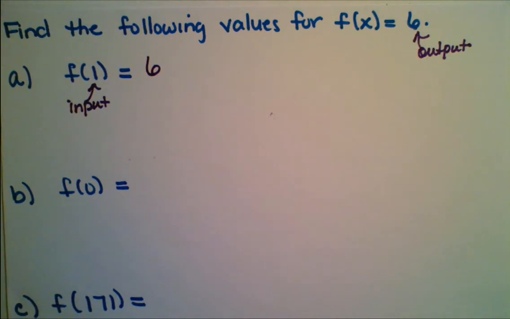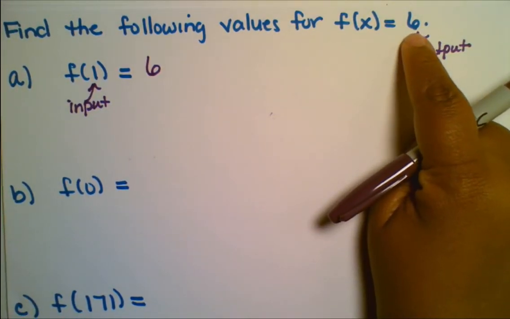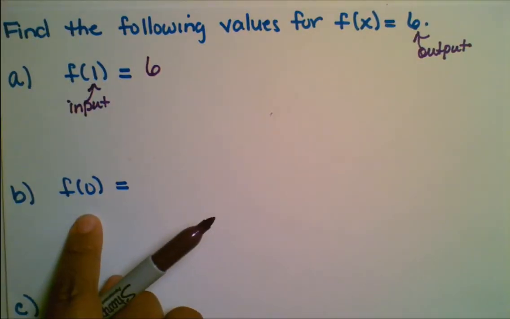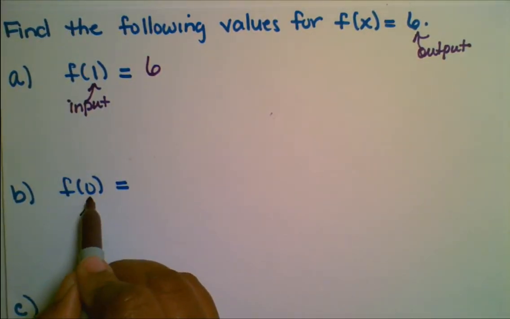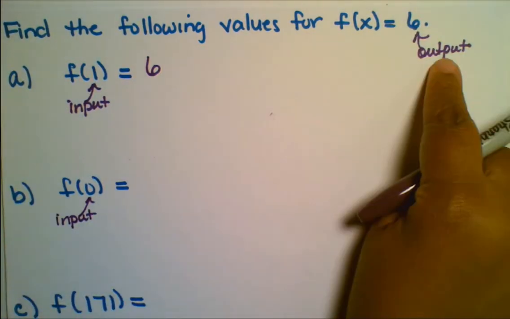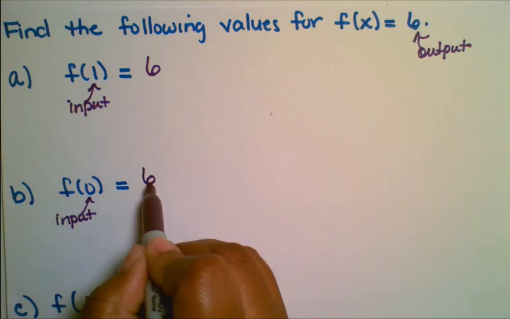We can't substitute negative 1 into anything on the right hand side because it's already telling us the value of y. So look at the next one. Our input value is 0, but no matter what, for this particular question, our output is going to be 6.